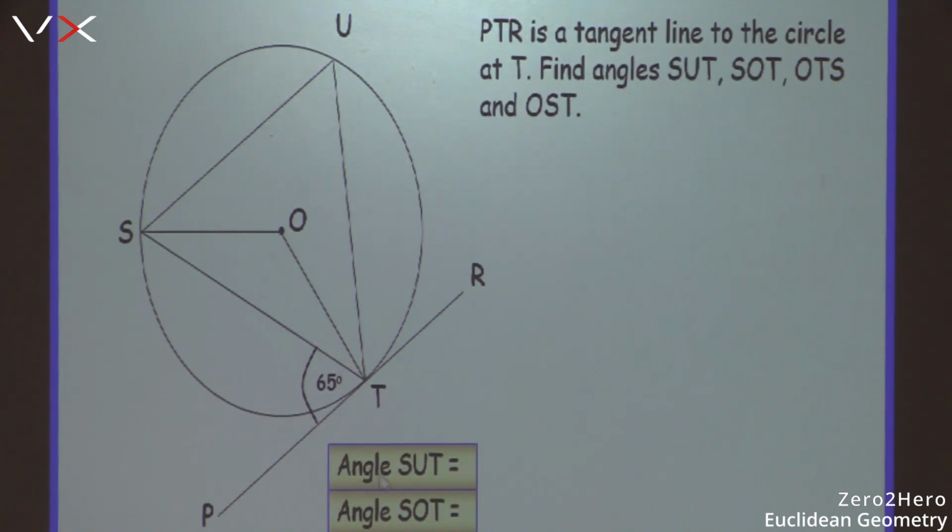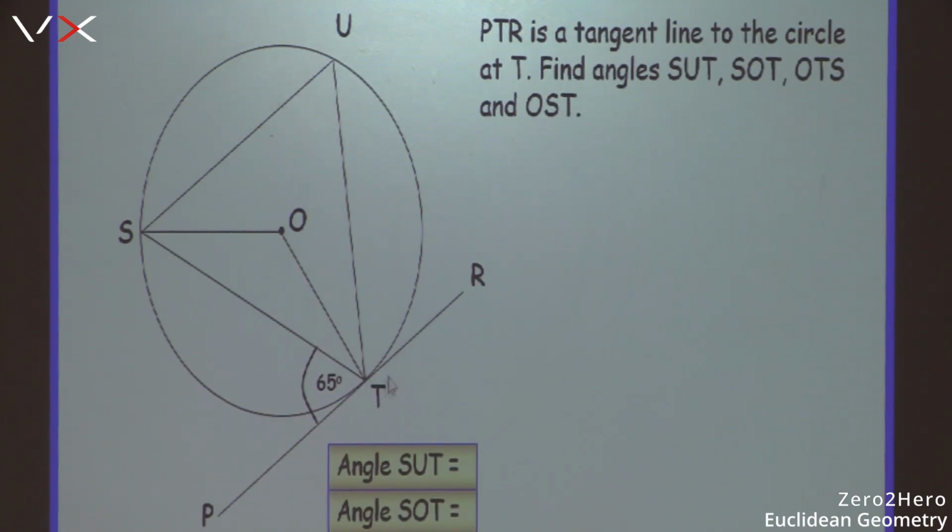Let me see what they are looking for first. Find angle SUT. We're looking for that angle there. And we're given this one. What forms that angle SUT? It is formed by this chord, ST. ST subtends angle U, the one that I'm looking for.